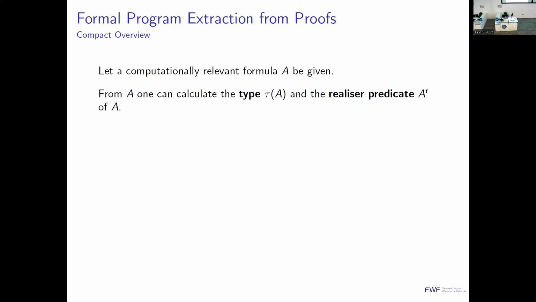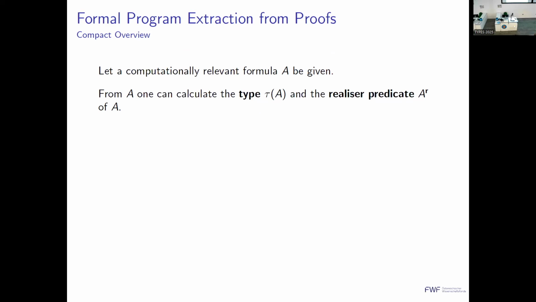I will not go into detail of this definition. However, this is done by recursion over A, or over how A is built. For example, if you have an existence quantifier of an elementary formula, then the type of this formula would be just the type of the quantified variable.